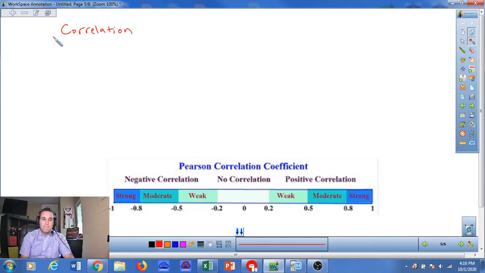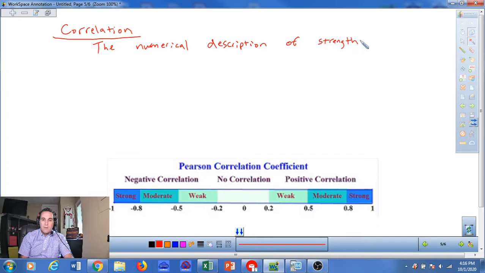Correlation is the numerical description of strength that tells us how well the points follow the pattern. That is what we call correlation.